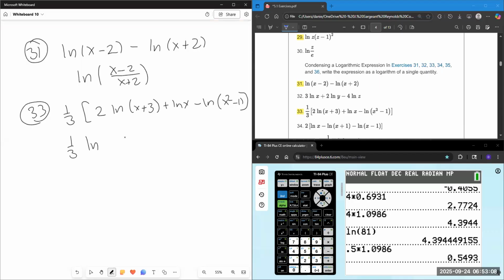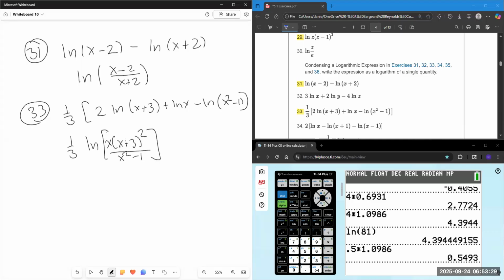And inside, I'm going to have x plus 3 squared and an x in the numerator and an x squared minus 1 in the denominator.